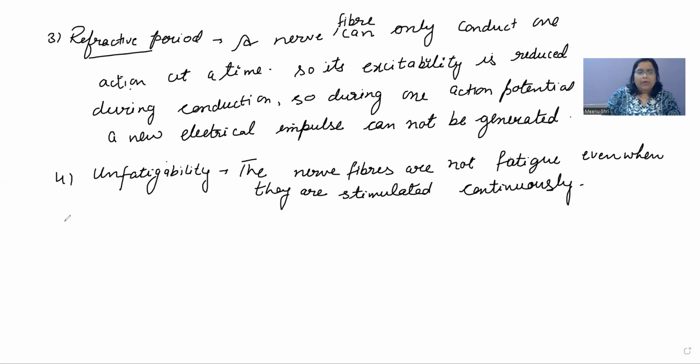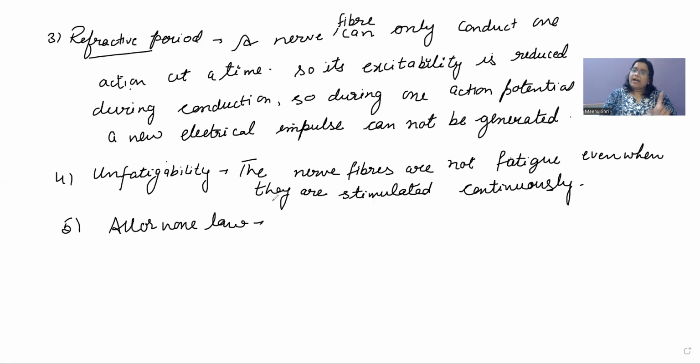Okay. Now, the fifth one, that is the all or none law. What is the all or none law? If a stimulus is up to the threshold level, the action potential will be generated. But if the stimulus is not up to the threshold level, the action potential will not be generated.